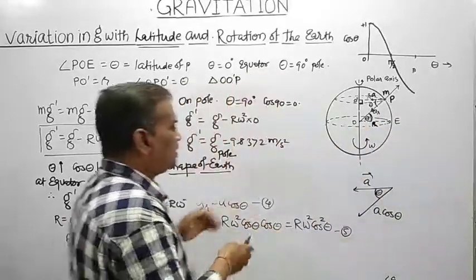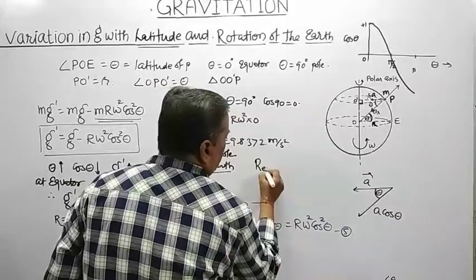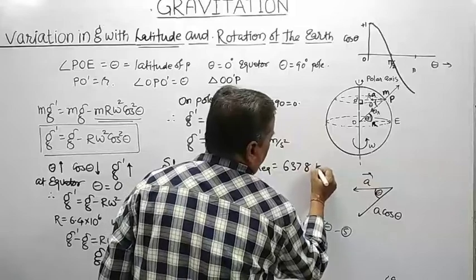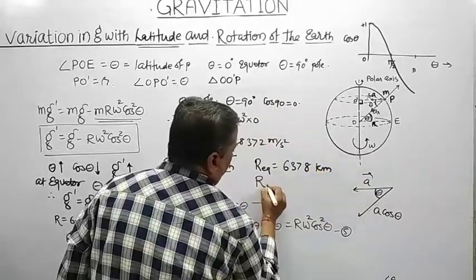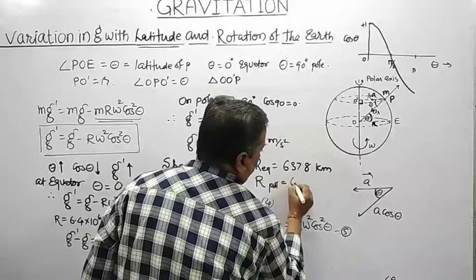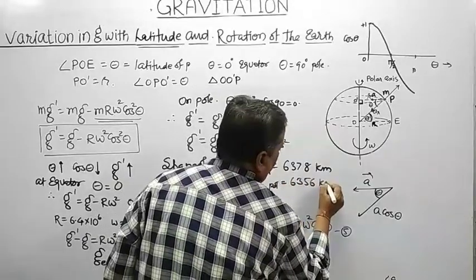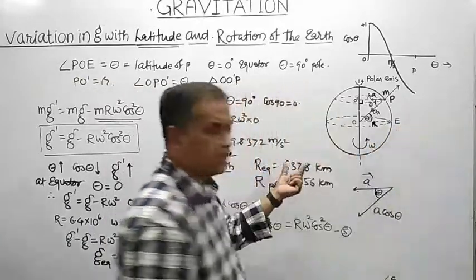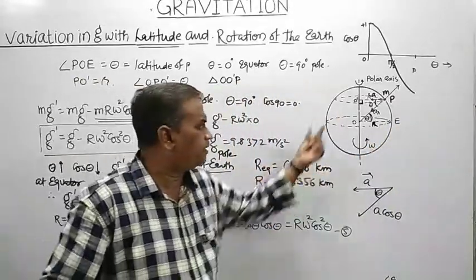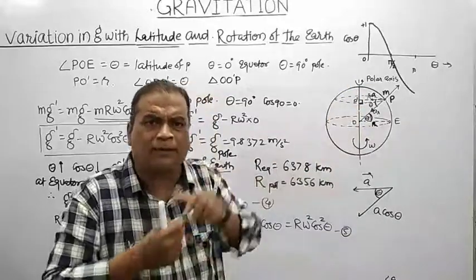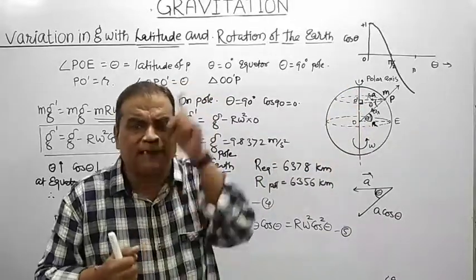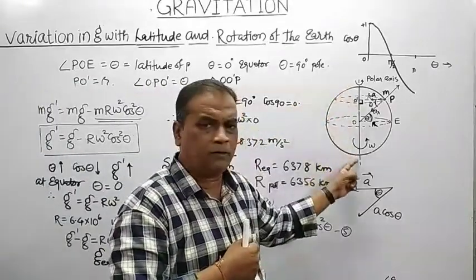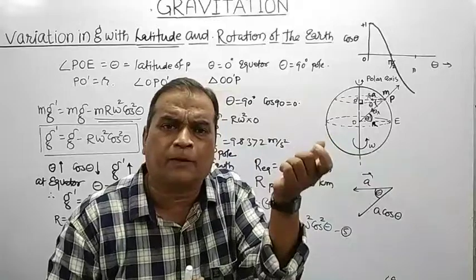It means the radius of Earth along the equator is 6378 kilometer, while the radius of Earth along the pole is 6356 kilometer. The radius of Earth along the equator is greater, while the radius of Earth at the pole is somewhat lesser.